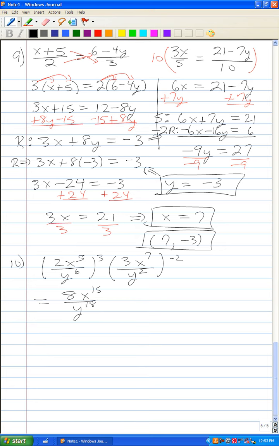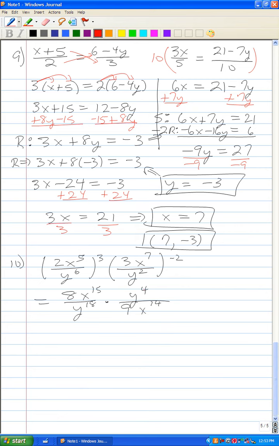Since I have a -2, let's take the reciprocal and square everything. And so that becomes y to the 4th. 3 squared is 9. x to the 7 squared is x to the 14.